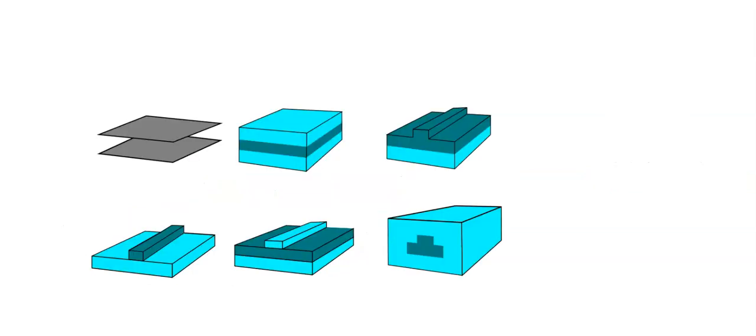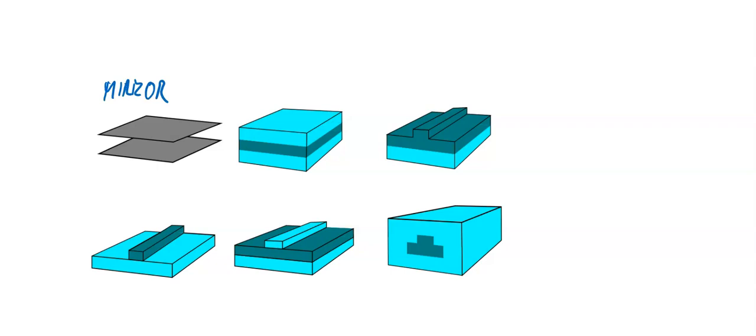There are several waveguide configurations. The first one is the mirror waveguide that basically consists of two plane mirrors, and the light is bouncing back and forth between the mirrors.